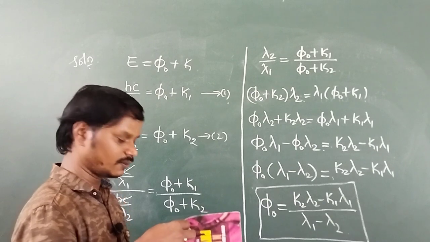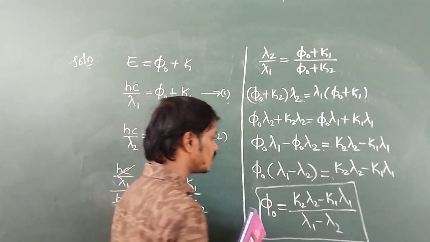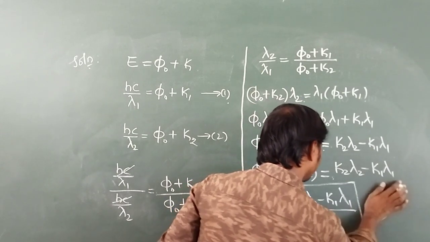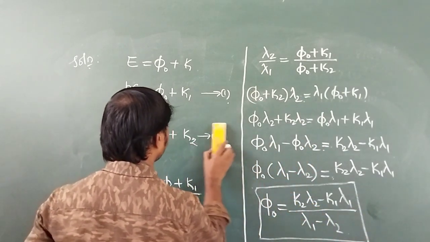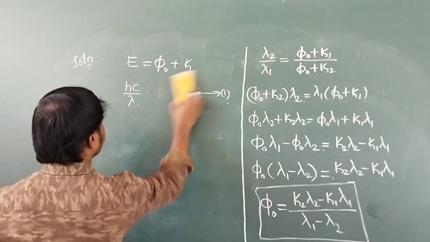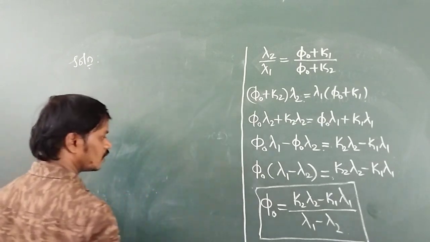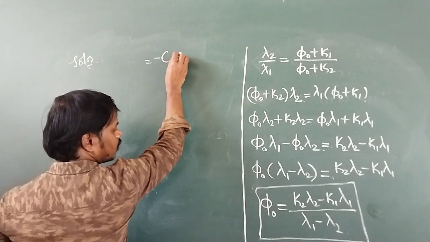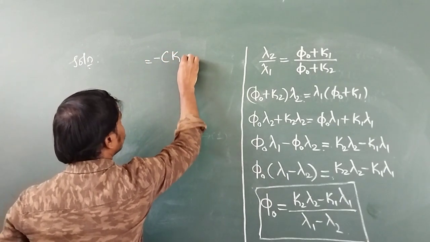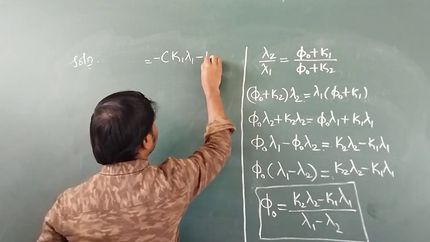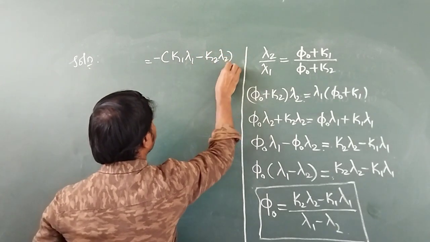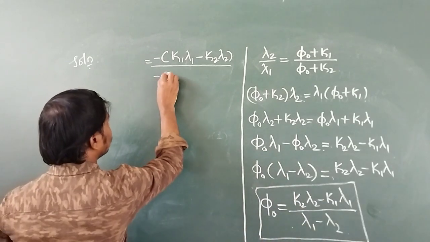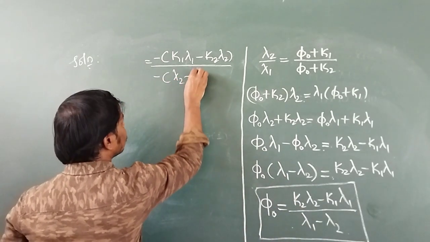So let us take minus as common in these two. Minus as common means in the numerator I will take minus as common. Now it is minus of k1 lambda 1 minus k2 lambda 2, divided by, in the denominator I will take the minus sign common again, then it is lambda 2 minus lambda 1.